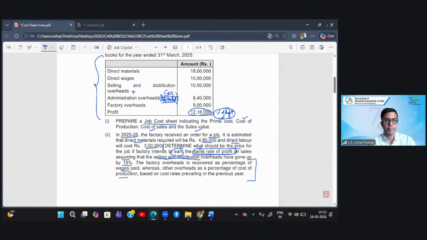Students, first cost sheet. Let me know the percentages.